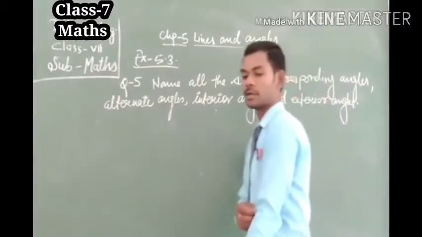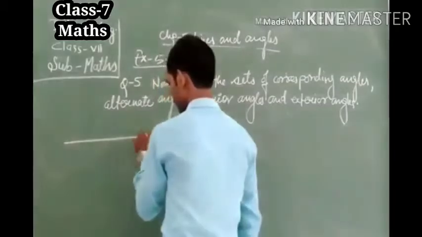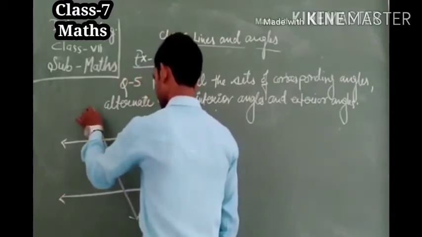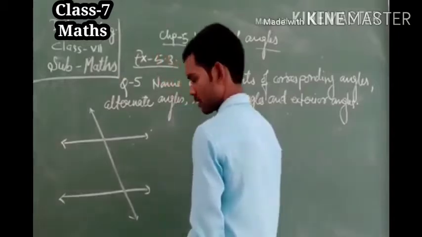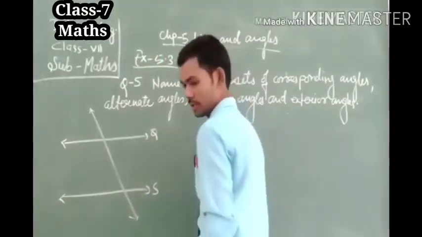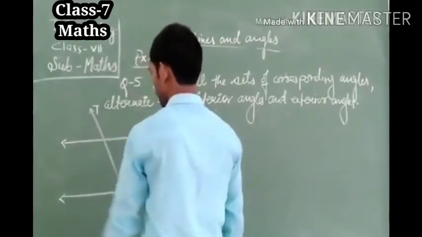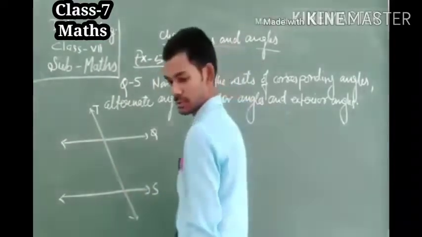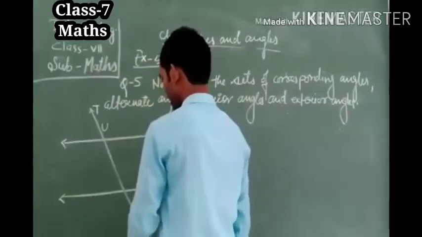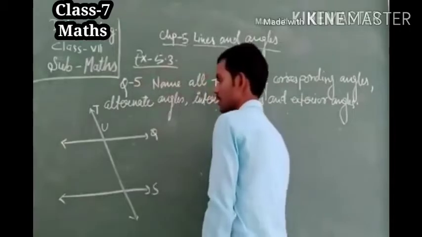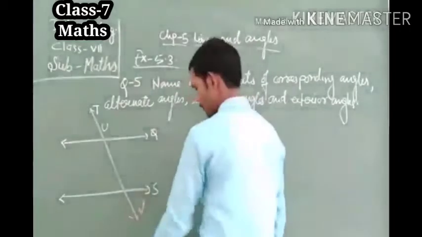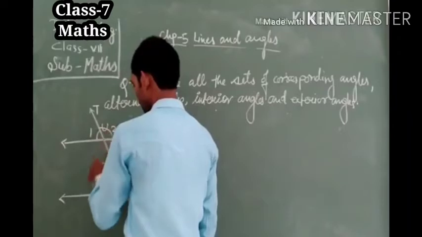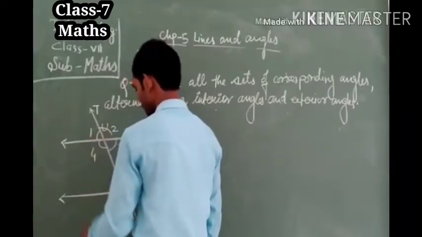Okay students, the figure is given here. The lines are Q and S, and this is T. T is the transversal, and the point where the transversal cuts line Q is U. The point where the transversal cuts line S is V. The angles formed here are angle 1, angle 2, angle 3 and angle 4.